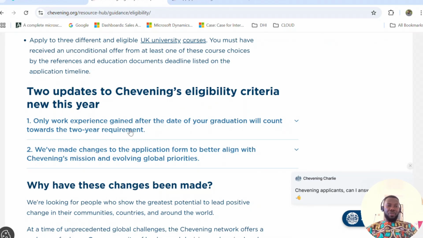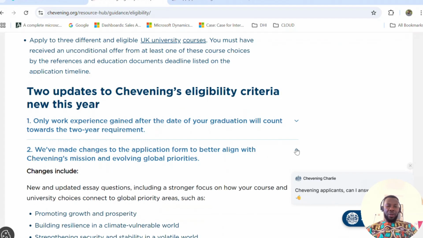Also, they said they've made changes to the application form to better align with Chevening's mission and evolving global priorities.